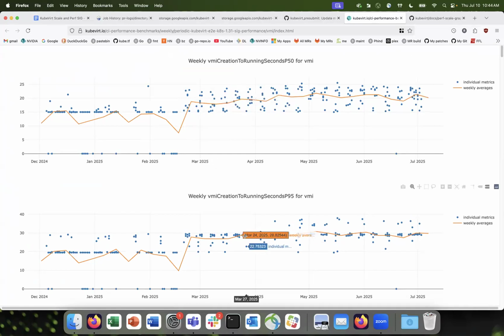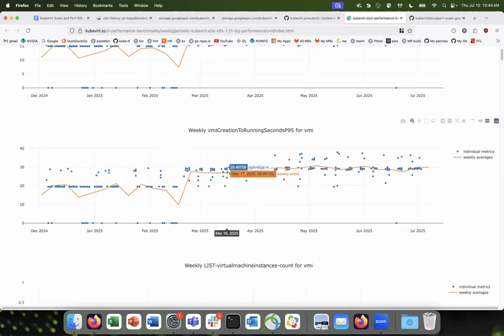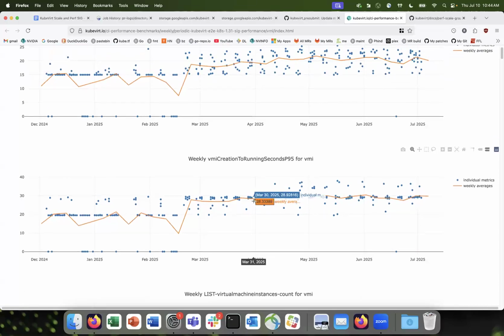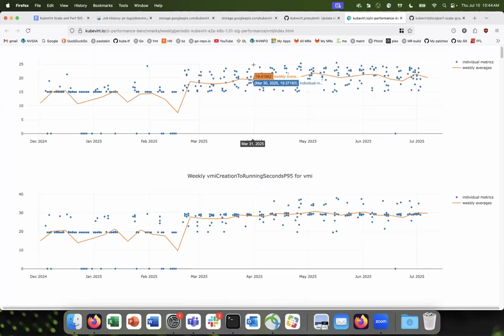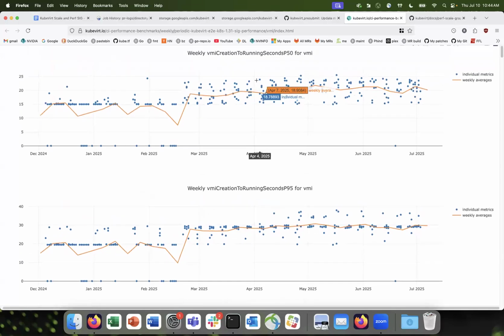The spread is not that bad. It's not like from 15 up to 100, it's like 15 up to 30. So basically, the window is smaller between the lowest and the highest observed value.